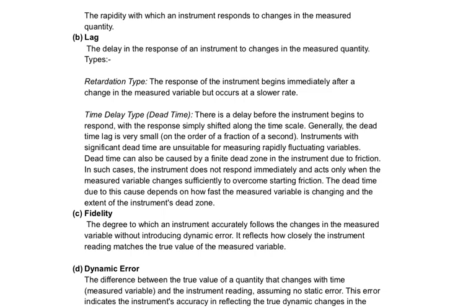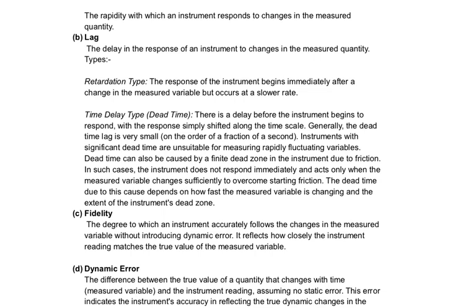Coming to the time delay type, that is also called dead time. There is a delay before the instrument begins to respond, with the response simply shifted along the time scale. Generally, the dead time lag is very small. Instruments with significant dead time are unsuitable for measuring a rapidly fluctuating variable, and dead time can also be caused by finite dead zone in the instrument due to friction.